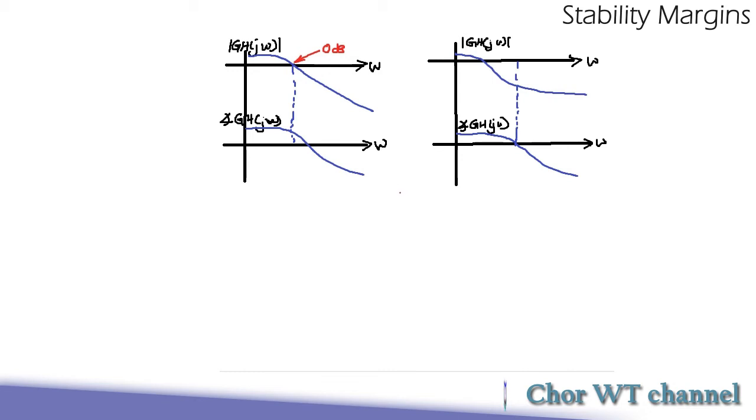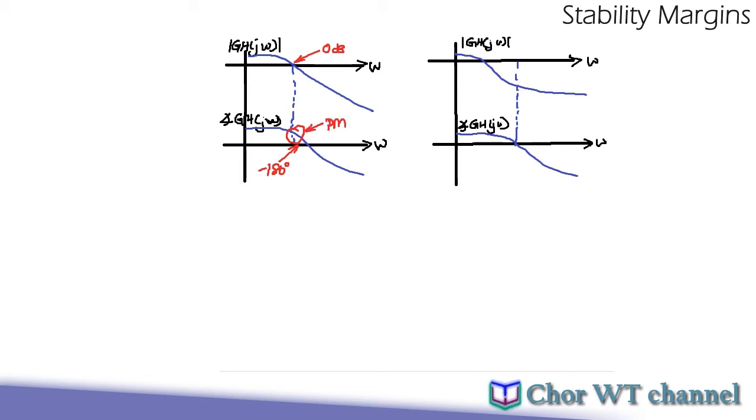And following the previous definition of our stability margin, when the gain is equal to 1, which means 0 dB, then the difference between this angle and the line negative 180 will form our phase margin.